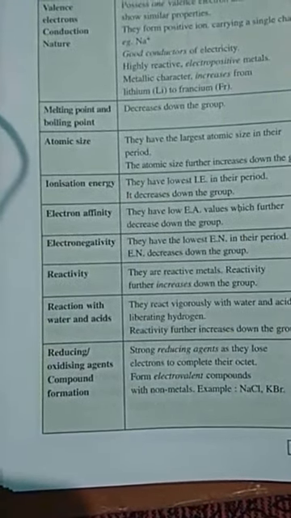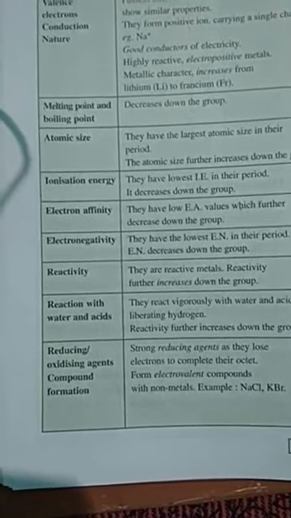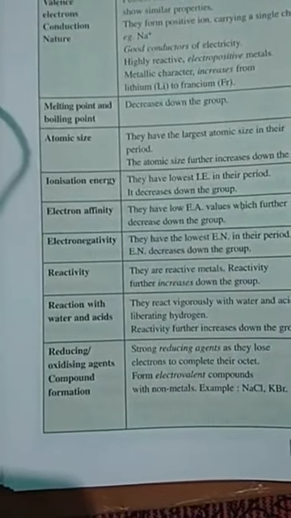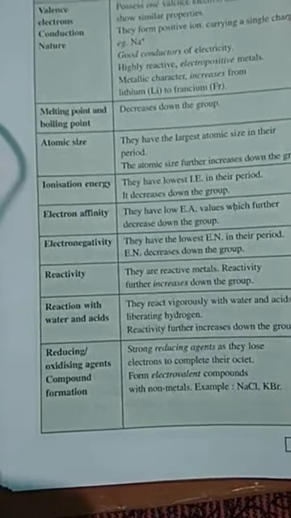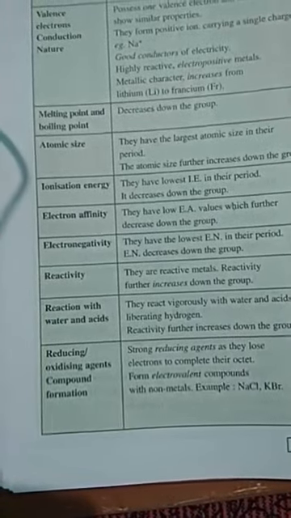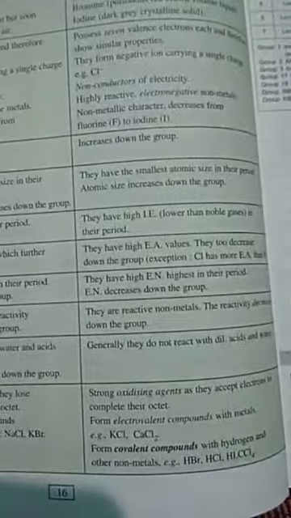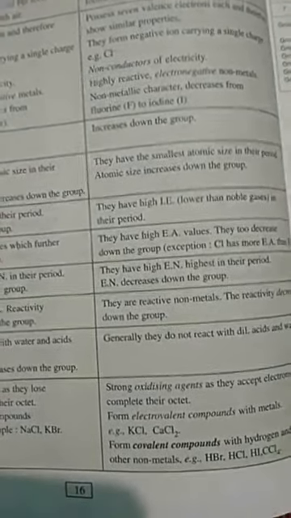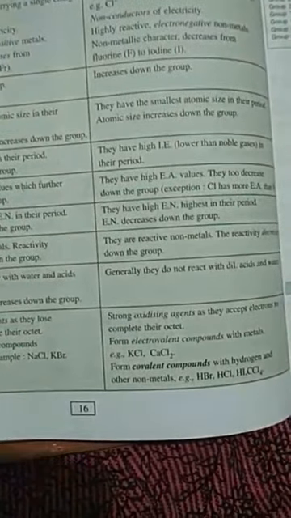Since alkali metals are metals and metals lose electrons, I had told you that the elements which lose electrons are called reducing agents. So all the alkali metals are strong reducing agents, while halogens, they gain electrons to complete their octet. So all the halogens are strong oxidizing agents.